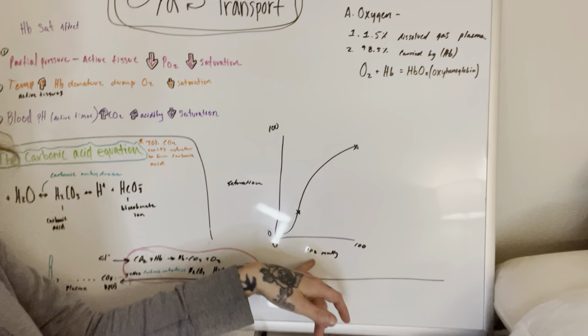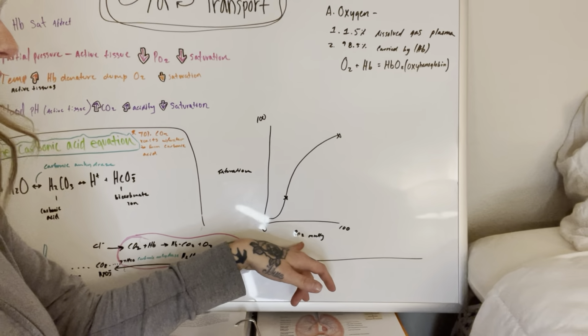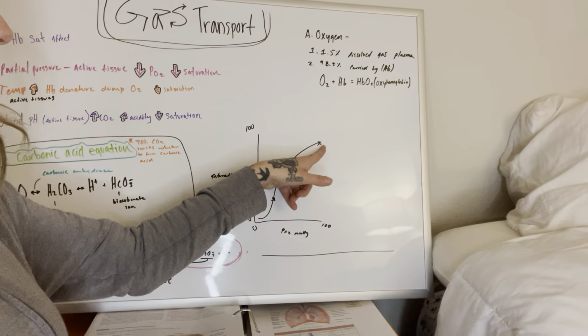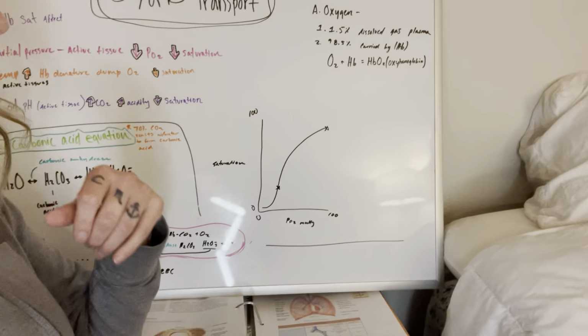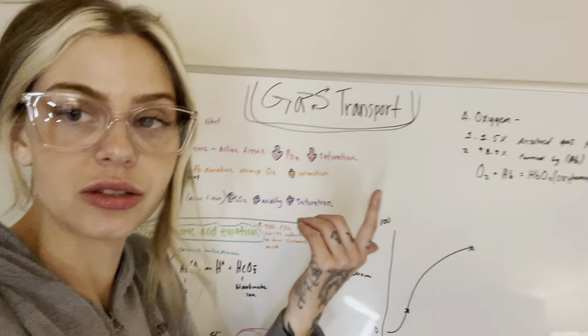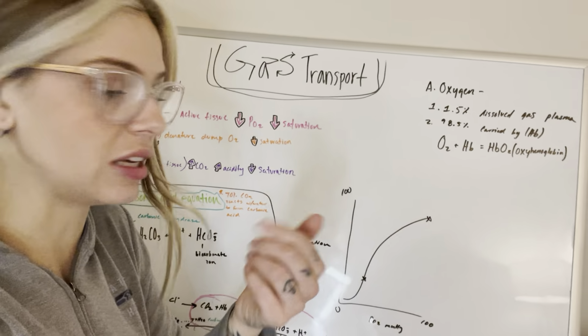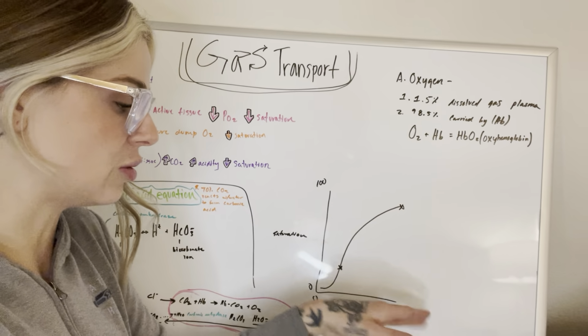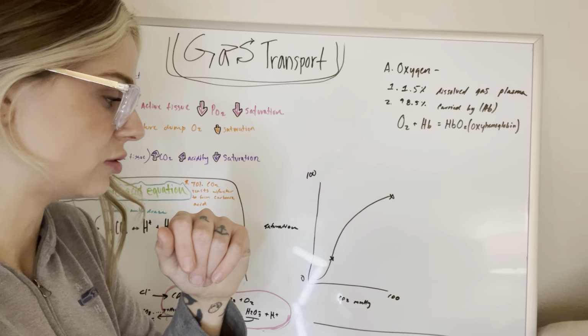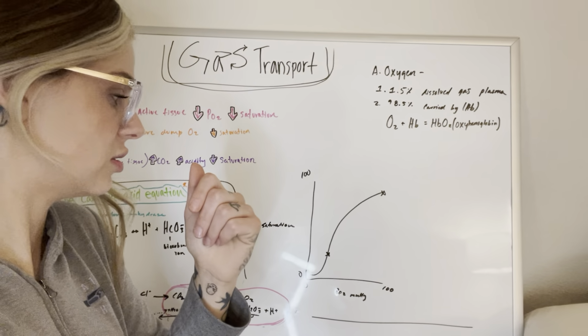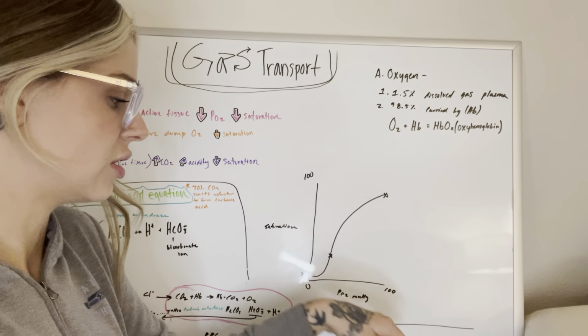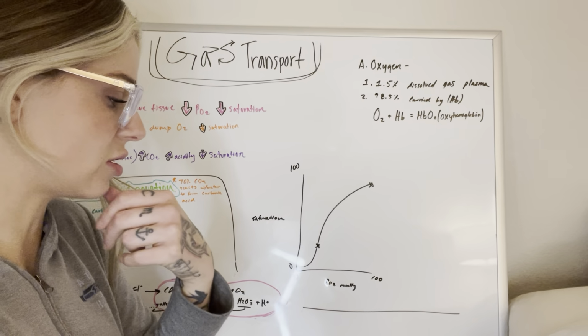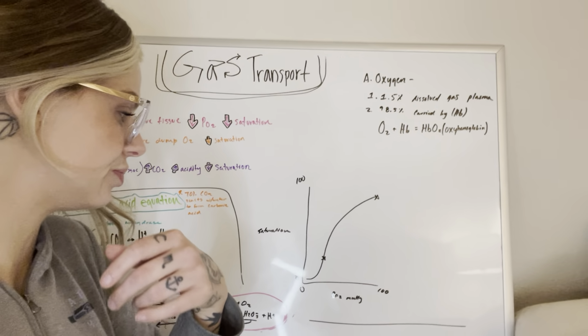If the pressure of oxygen is at 100, saturation is also at 100, because those oxygen molecules don't need to leave hemoglobin. They're chilling. You have plenty of oxygen. So saturation is going to stay at 100 when the pressure of O2 is at 100.